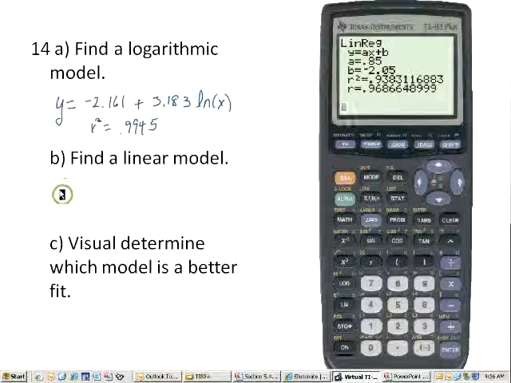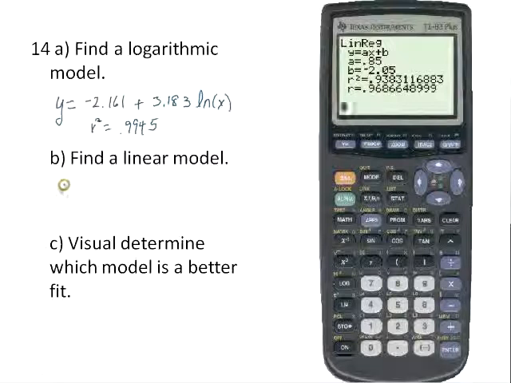And we have a model this time of y is equal to a, which is 0.85, and if I want to keep 3 decimal places, I could put the 0 there, times the x, minus the b number, which is 2.05, and again, if you want to keep 3 decimal places, you can put the other 0.